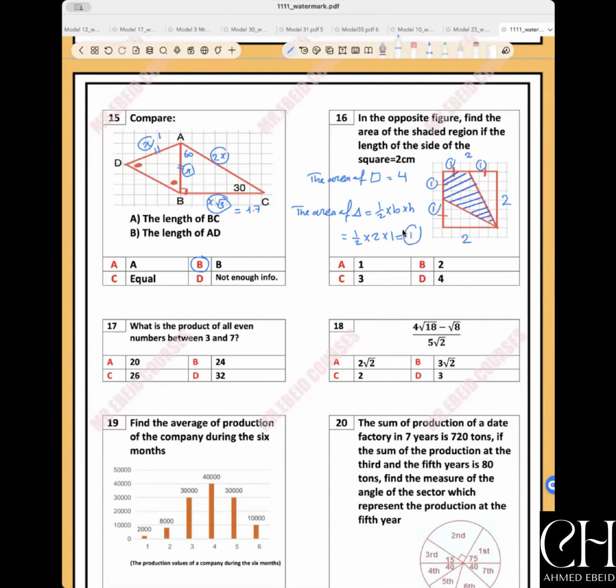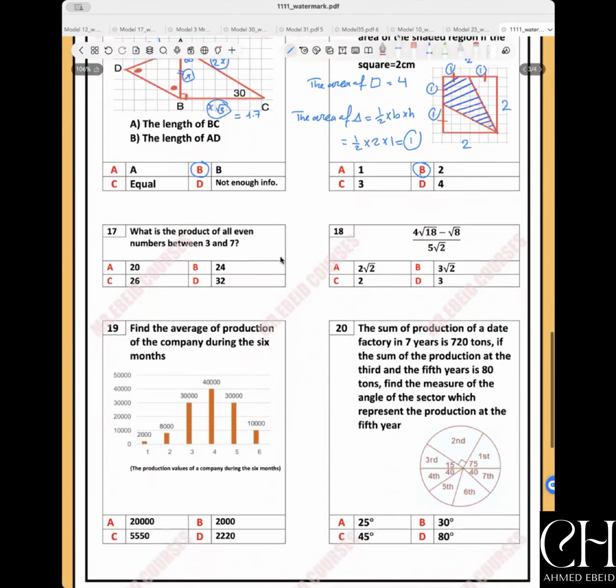But this is the area of one triangle, and we have two triangles with the same areas, so the sum of their areas is 2, because each one is 1. So 4 minus 2 equals 2. The answer is 2.